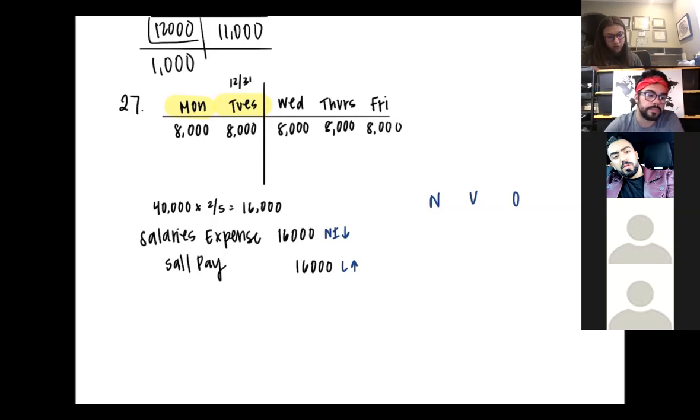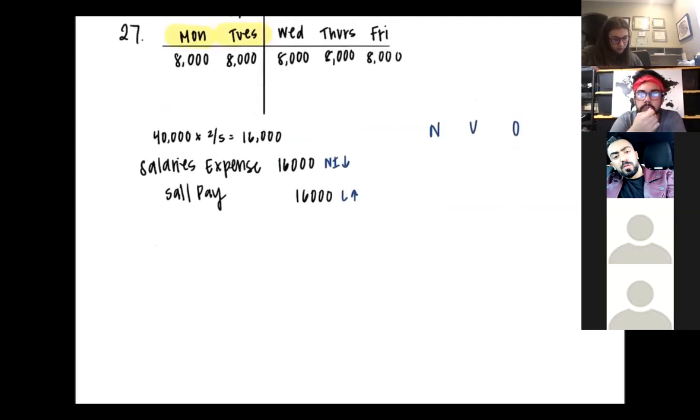Okay, 28. Failed to record an adjusting journal entry. Examining the rent expense account, the controller finds it includes a $4,800 advance payment for 3 months' rent. The payment was made on November 1st. So they just failed to record the adjusting journal entry. So I like to think about what the original one is.